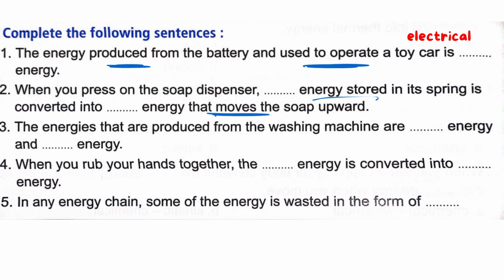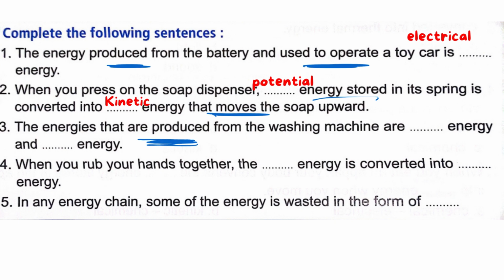Here is another question. When you press on the soap dispenser, what energy that's stored in its spring is converted into another energy that moves the soap upward? We have here the energy that is stored in the spring. We know it is potential energy.